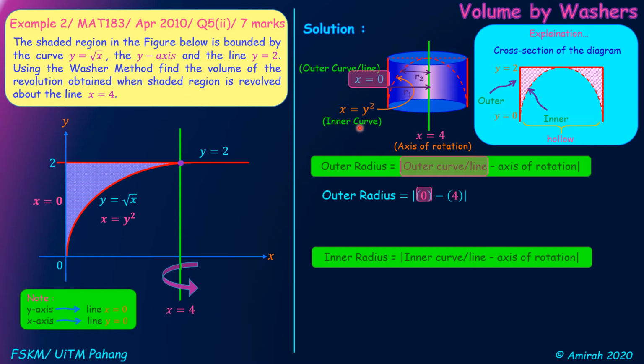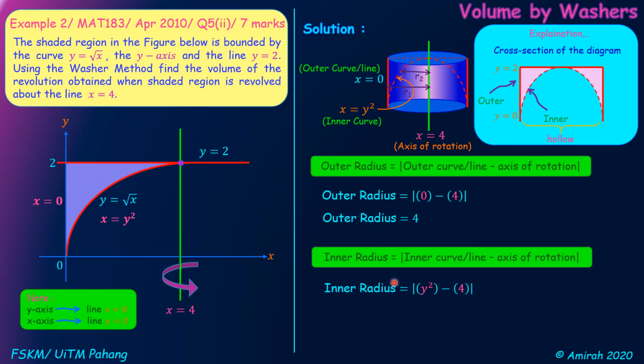Note that all equations are written with x as the subject, so that we can subtract. The axis of rotation is 4, so we replace this. Then we get outer radius equals to modulus of negative 4, so outer radius equals to 4.